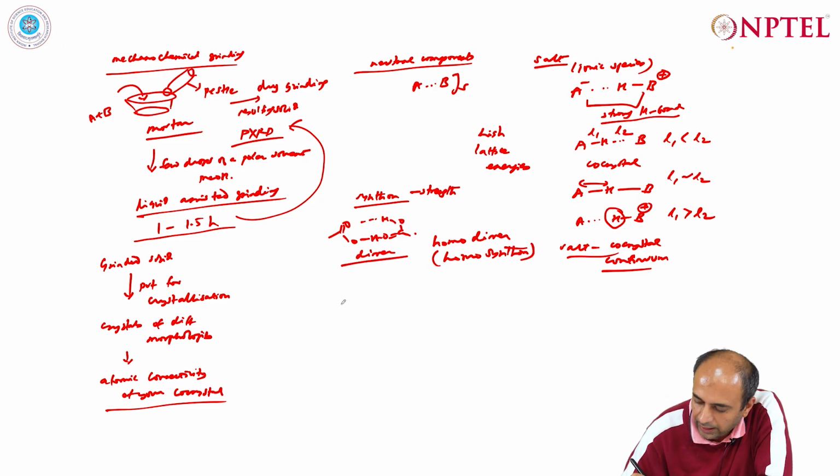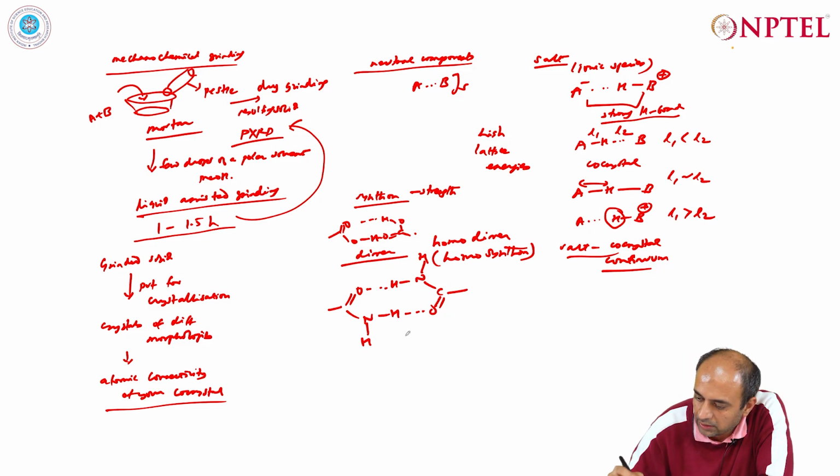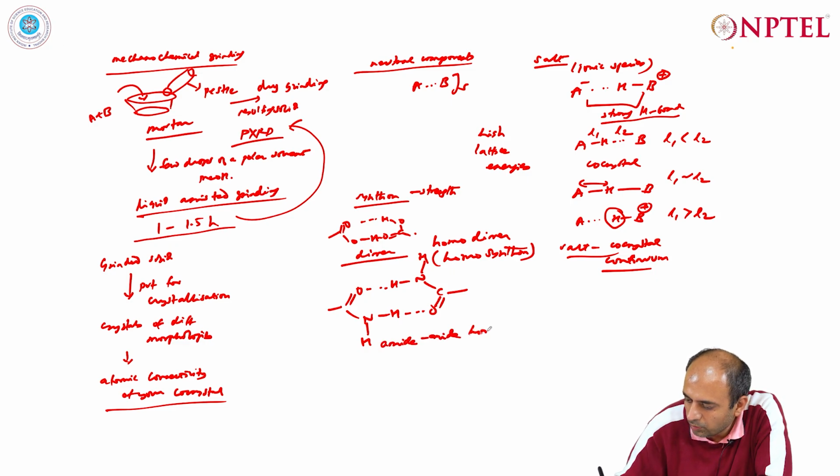Along the same lines, we can have another. So, this is the homodimer or a homosynthon involving the acid, and this is involving the amide homodimer.